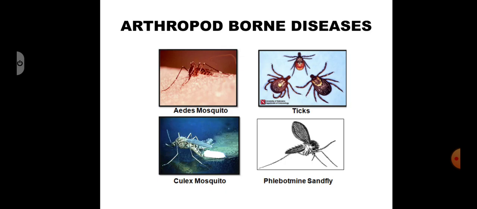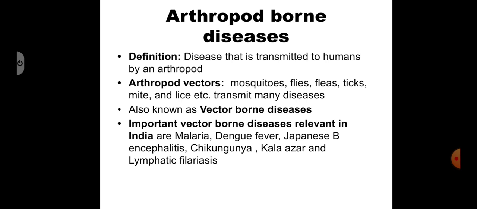Now let us move on to arthropod-borne diseases. I told you arthropods can be insects and ticks. Insects like mosquitoes, sandflies, houseflies, etc. They are diseases which are transmitted to humans by arthropods.